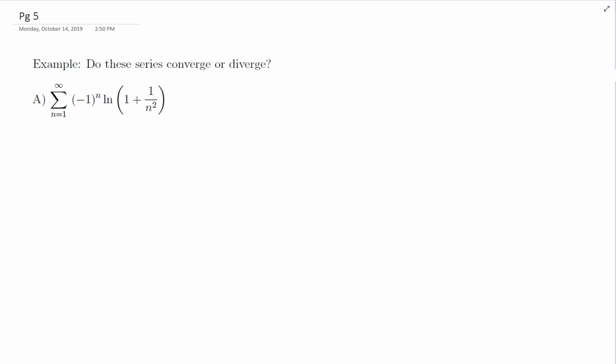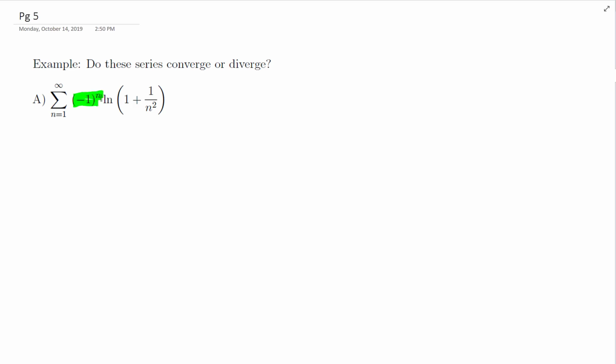Now we look at some series and try to determine if they converge or diverge. So our first problem, part A, summation n equals 1 to infinity minus 1 to the n, natural log of that quantity. When we look at a series, we first think about, okay, what do we know? The big key here is this minus 1 to the n.